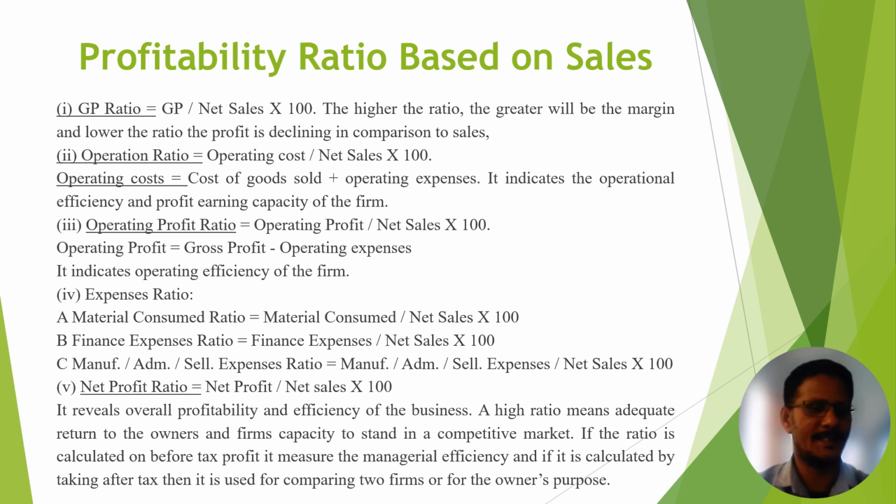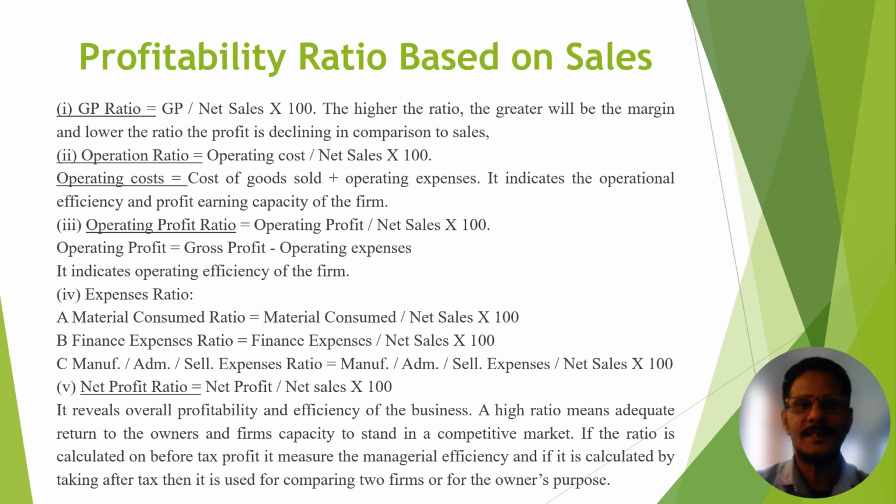Net sales is the same, okay, but operating profit here means if you have gross profit, from gross profit you subtract operating expenses. With this information you can calculate operating profit and then apply it in the formula and calculate operating profit ratio. This operating profit ratio indicates operating efficiency of the firm.